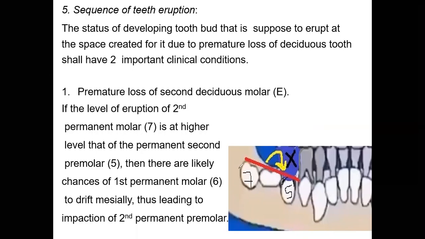What I will do in a radiograph is see if the 7, which is beside 6, the second permanent molar, is at a higher level than the level of the 5, the second permanent premolar. If this level is higher than the level of 5, then there are more likely chances that this first permanent molar will drift into this space.